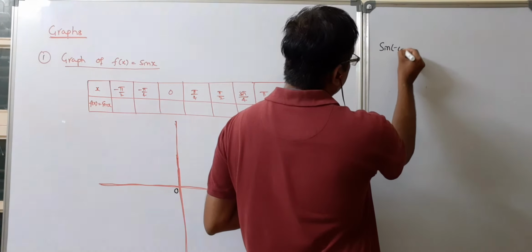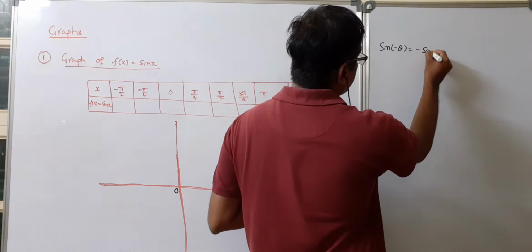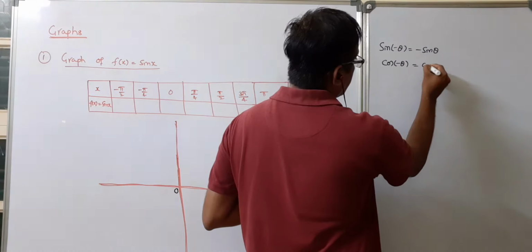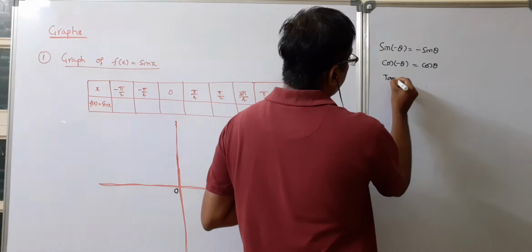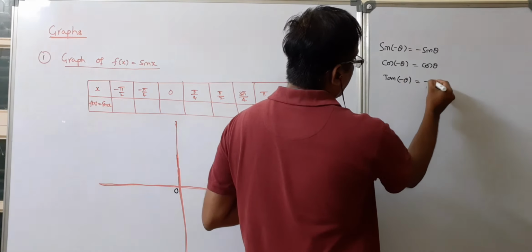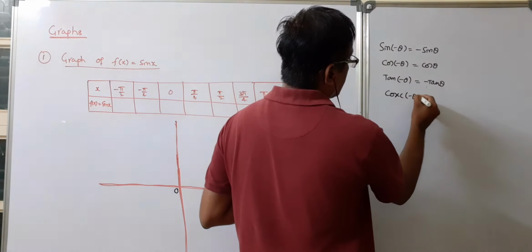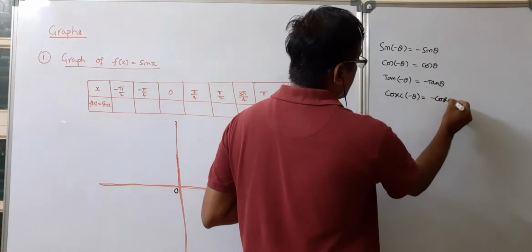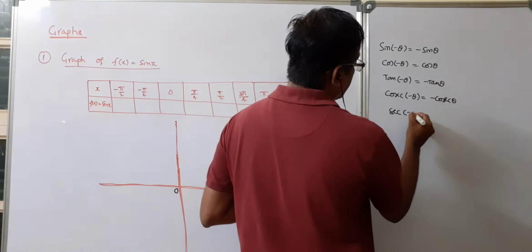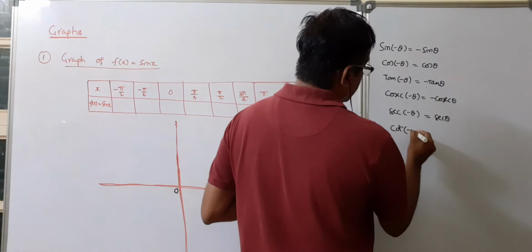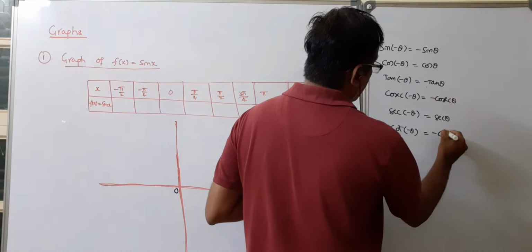Sine of minus theta is minus sine theta, and cos of minus theta is cos theta, and tan of minus theta is minus tan theta, and cosecant minus theta is minus cosecant theta, secant minus theta is secant theta, cot of minus theta is minus cot theta.